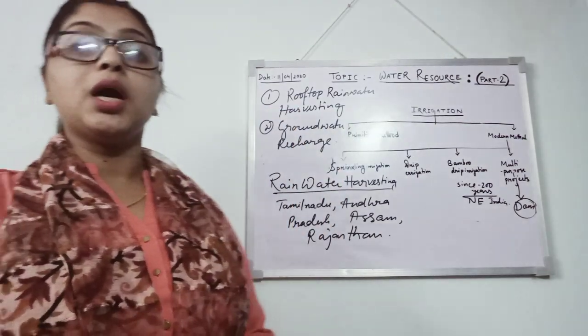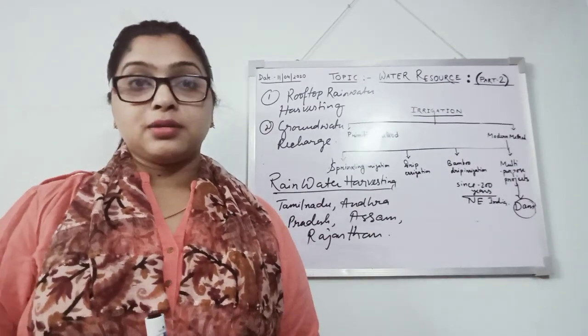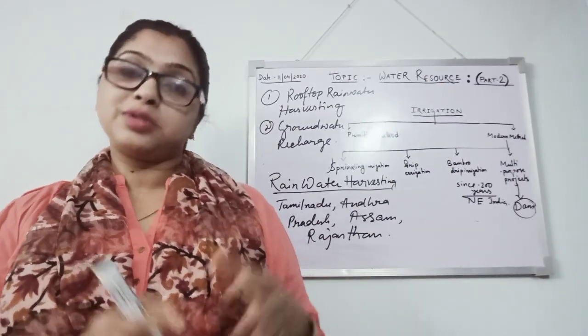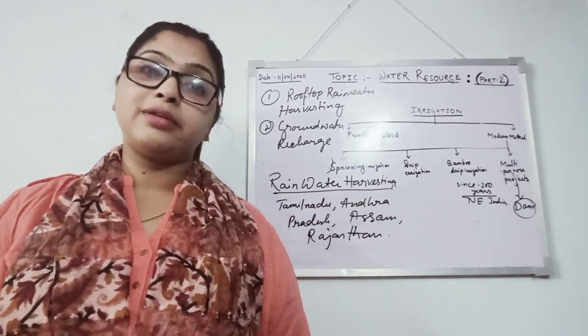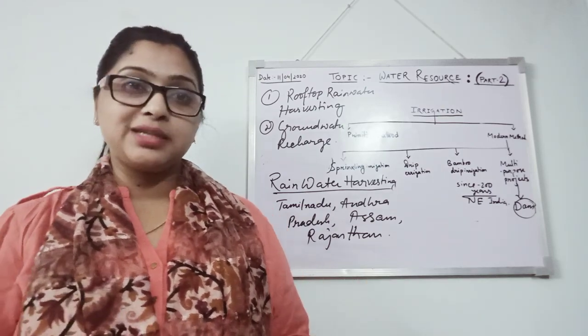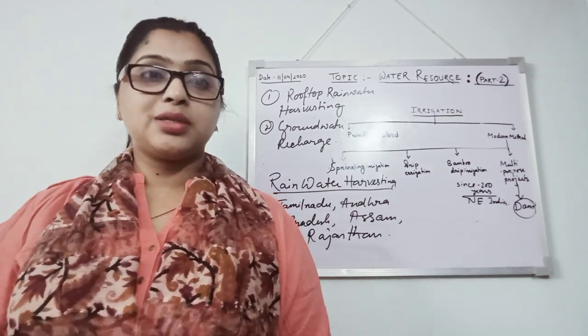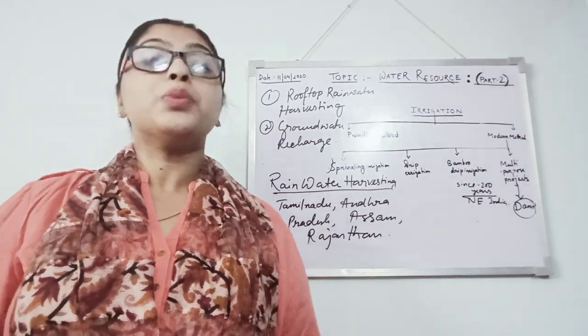Rooftop rainwater harvesting: those who are living in flats, it is not possible to save rainwater from your roof, but yes, in the rainy season you can store rainwater in buckets and other utensils, so that you can use it for other work.